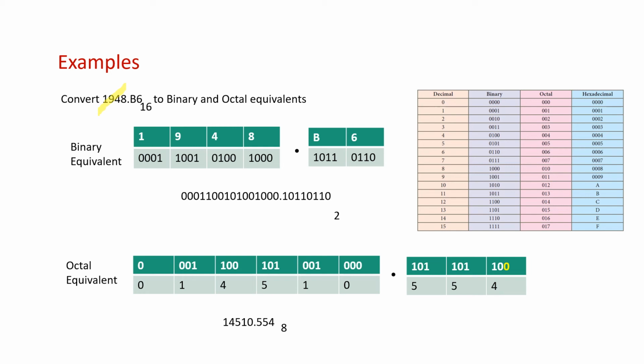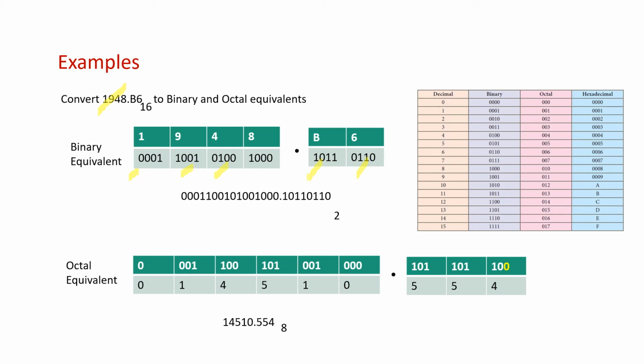The binary equivalent of 1 is 0001, 9 is 1001, 4 is 0100, 8 is 1000. And for B, after the hexadecimal point, the binary equivalent of B is 1011, and 6 is 0110.